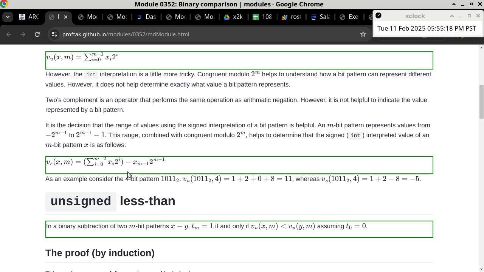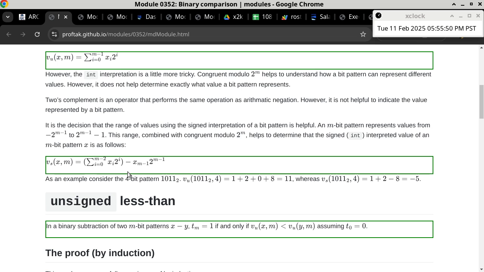If m is 3, then this sigma is going to go from 0 to 1, which means it is 1 plus 2, which has a sum of 3. 2 to the power of 3 minus 1 is 2 to the power of 2, which is 4. So from this observation, if you look at the absolute value of the sigma notation, it can never be more than 2 to the power of m minus 1.